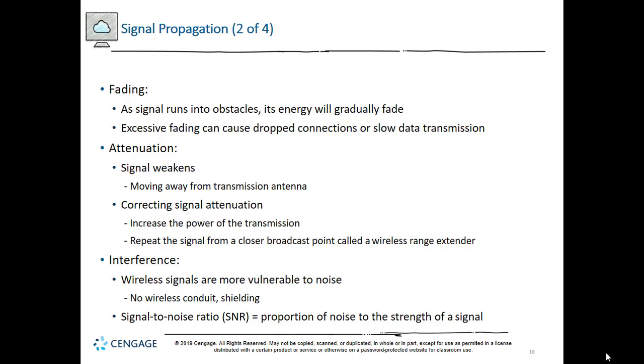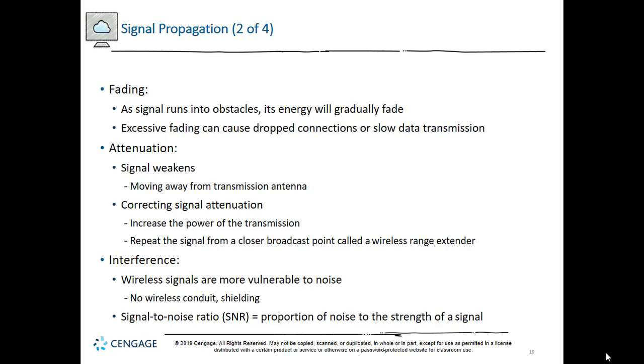The proportion of noise to the strength of the signal is called SNR, or signal-to-noise ratio. Signals traveling through areas in which many wireless communication systems are in use, for example the center of a metropolitan area, are the most apt to suffer from interference.